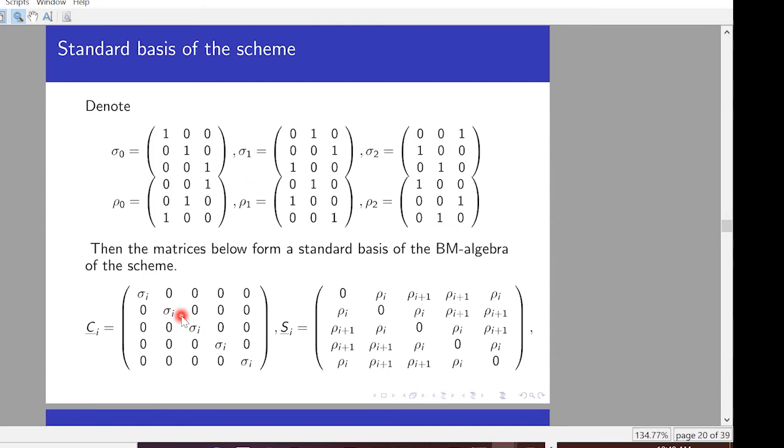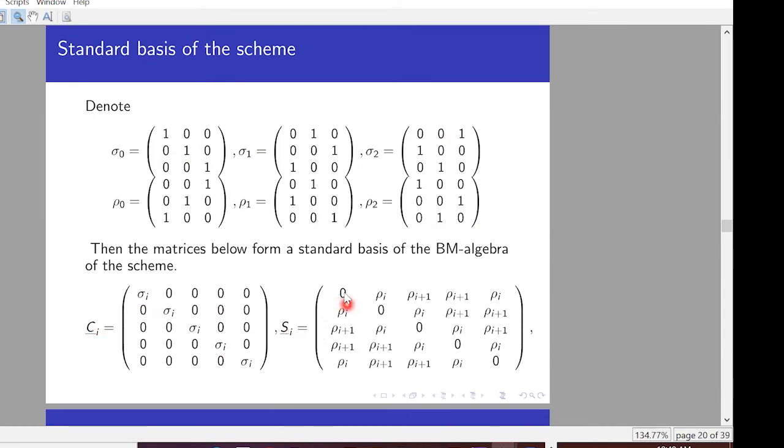Now the matrices of my standard basis have block form. A Ci has these permutation matrices on the diagonal, right? So every Ci is in fact a permutation of what is 3 or 1.